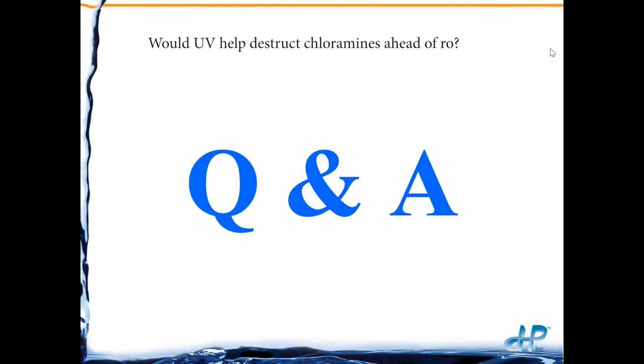The second question on chloramines pre-RO. So for low pressure lamps, yes, there's indication that you can reduce the chloramines, but in most applications, when you're talking about pre-RO, you're trying to protect the RO unit from free chlorine, not so much the chloramines, the combined chlorine.